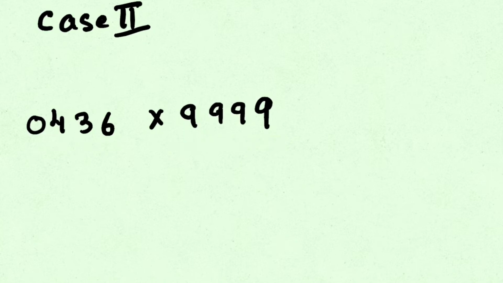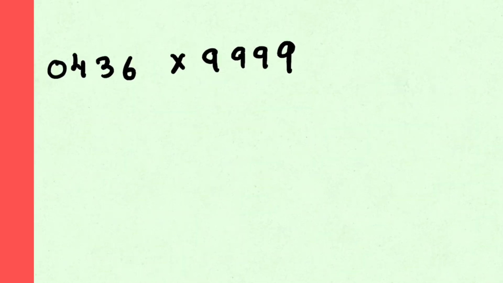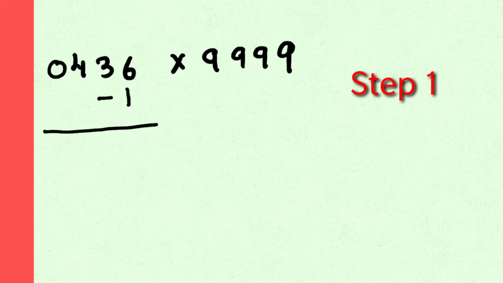And when we add 0, it doesn't change the value of the number at all. So we do step number 1, minus 1 from here. We do it in the same way as we do in case number 1.